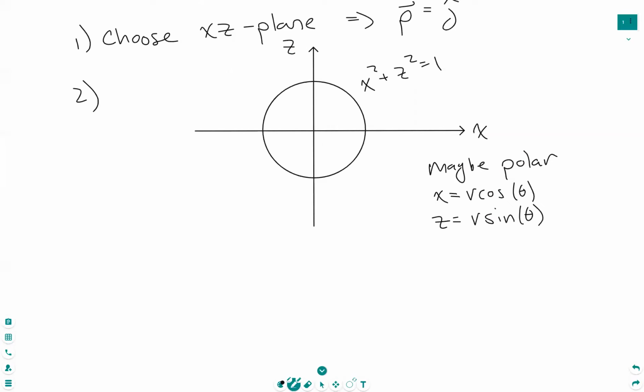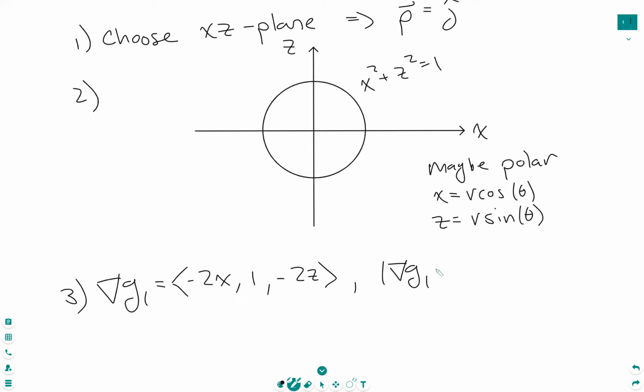So for step 3, we look at the gradient. We end up with minus 2x, 1, and negative 2z. Let's actually go ahead and also calculate the dot product in magnitude. We chose j hat.